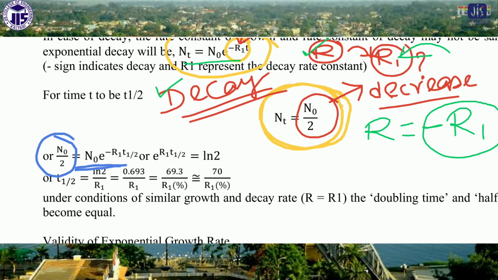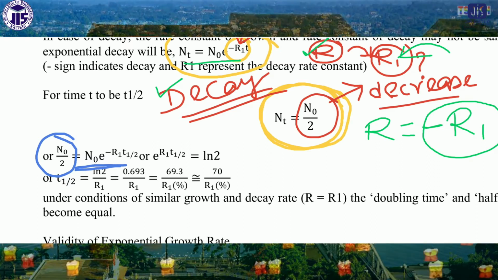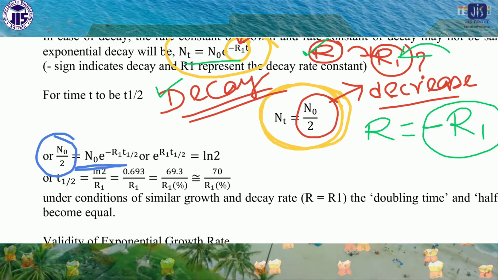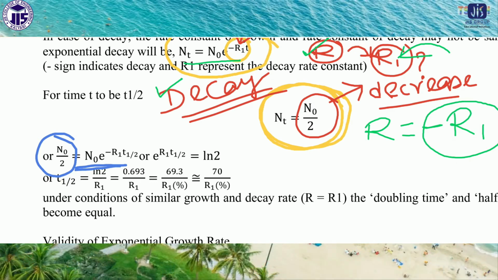Like the previous case, where t was replaced by td, here we are replacing t with T half, because it will be the half-life time of population. And finally we get T half equals ln 2 by r1.